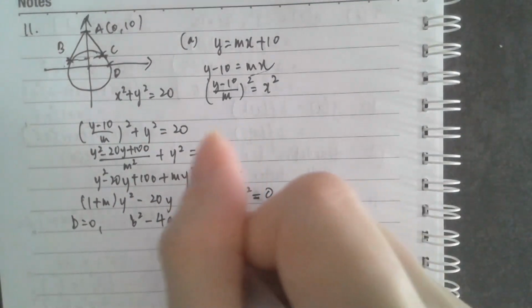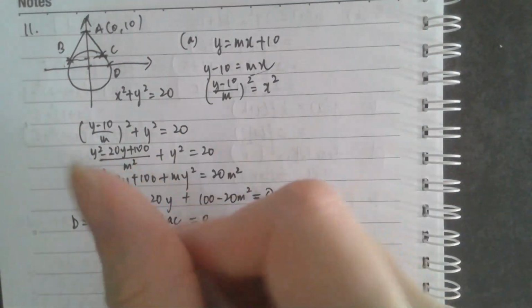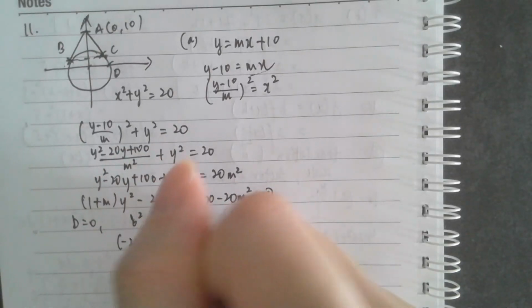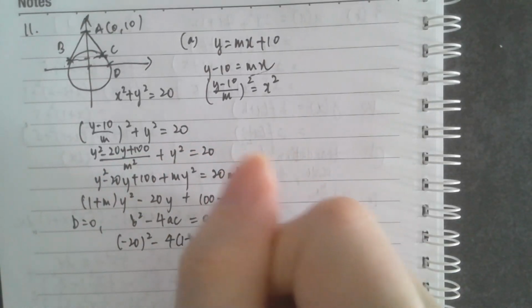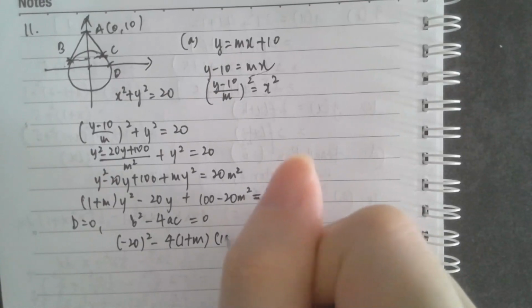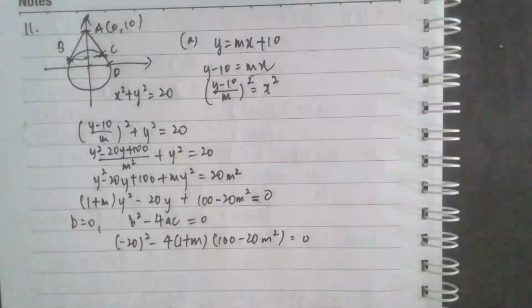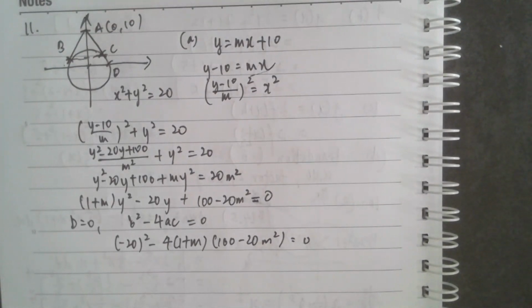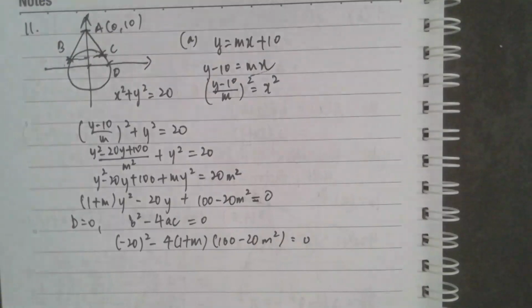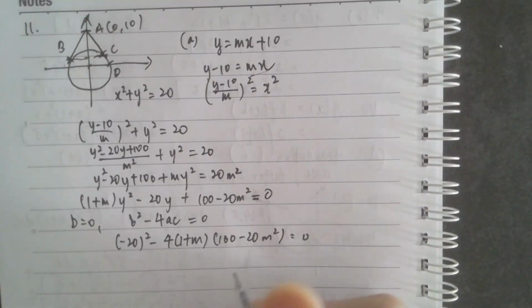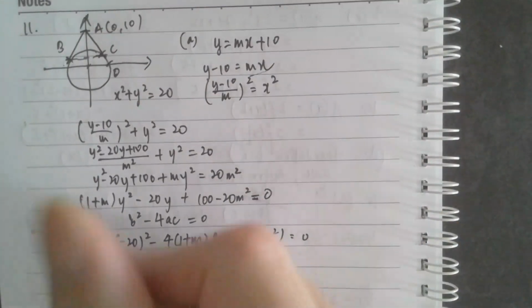So b squared is negative 20 squared minus 4ac. This looks a little more complicated, but not a problem. We can solve this, and so this will be 400.